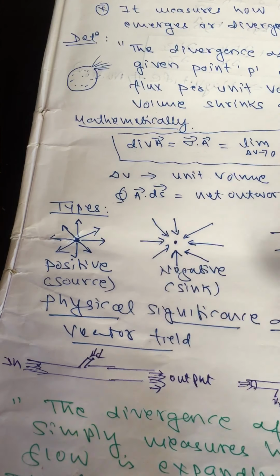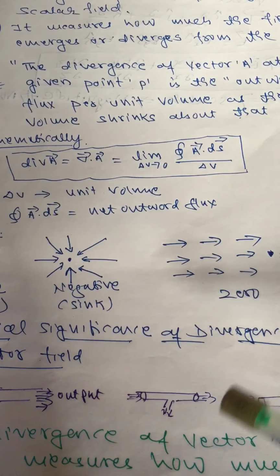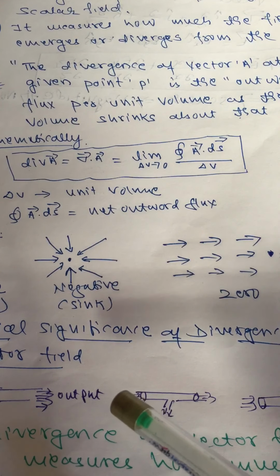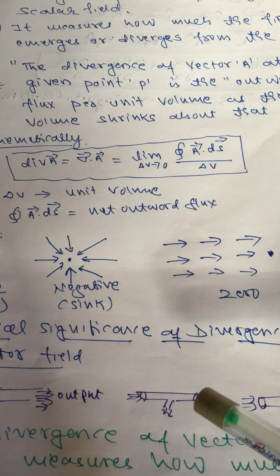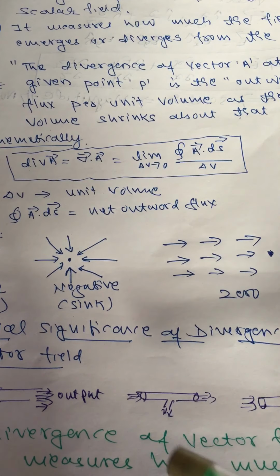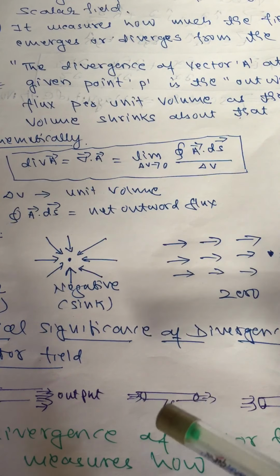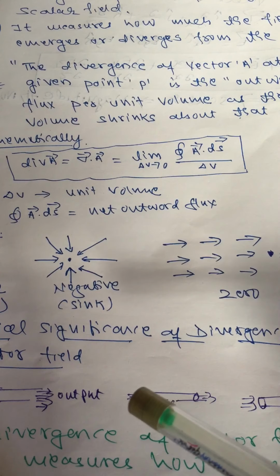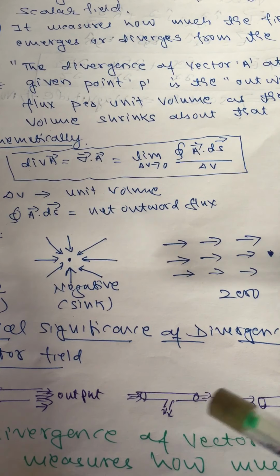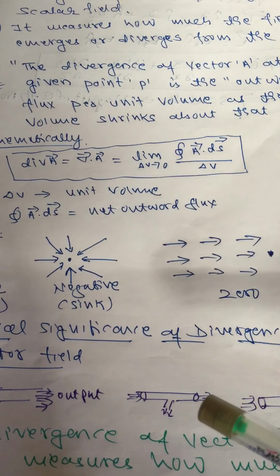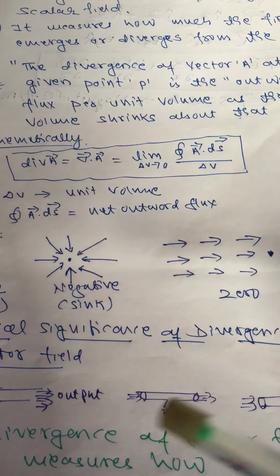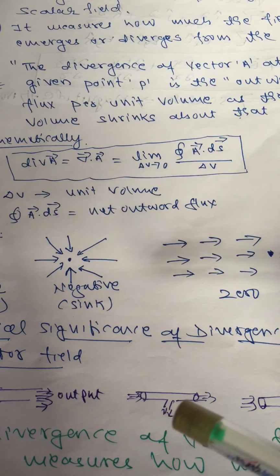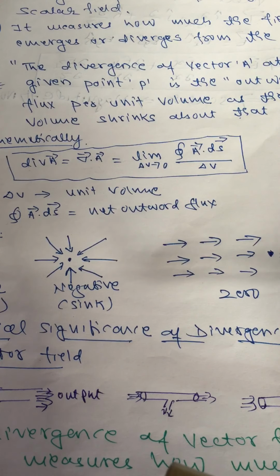For negative divergence, in a similar pipe, the water enters here, the water comes out here, and some leakage is there. Whatever water enters, the amount of water that leaves from the other end is less. Entering is more and leaving is less, and that is what you call negative divergence.